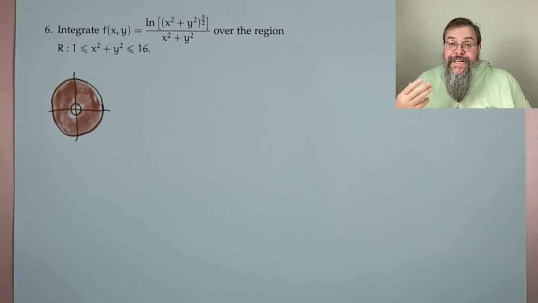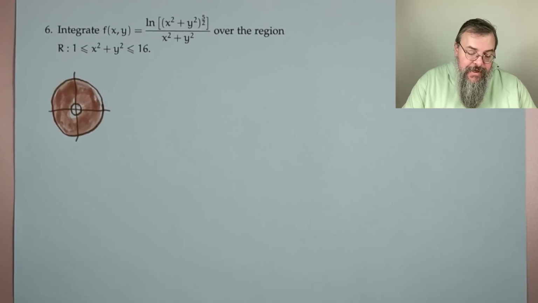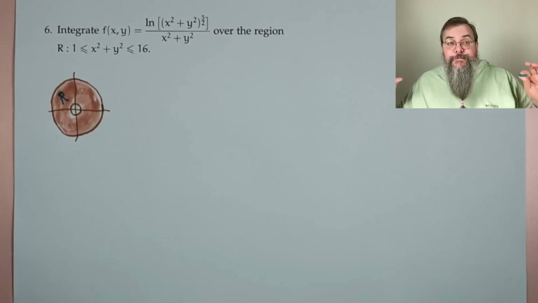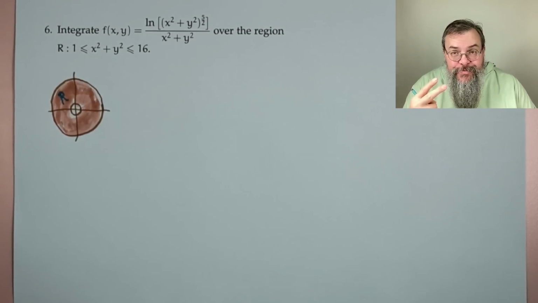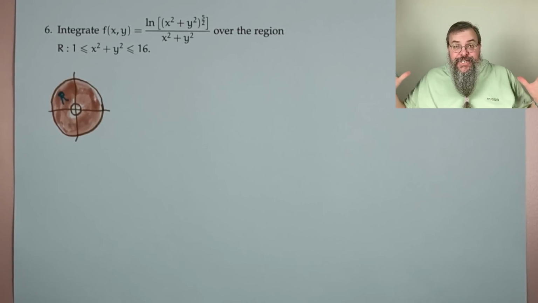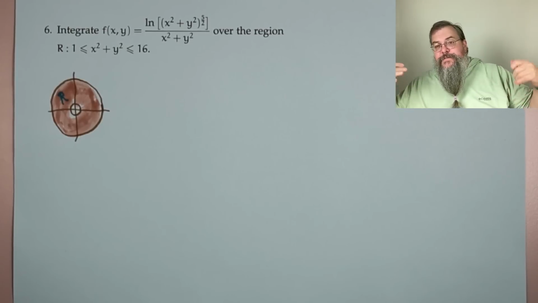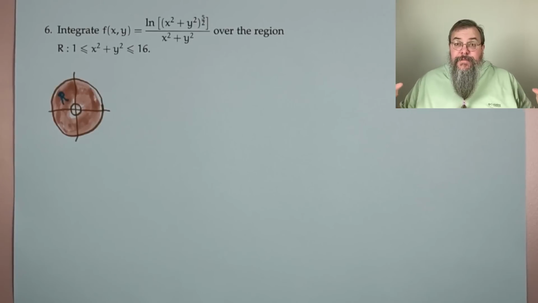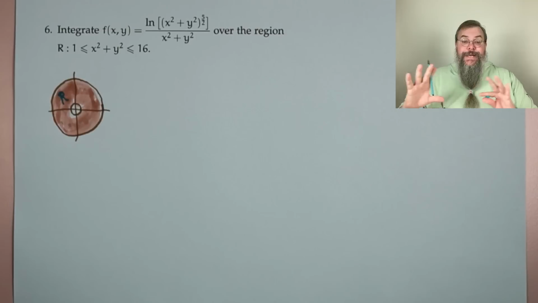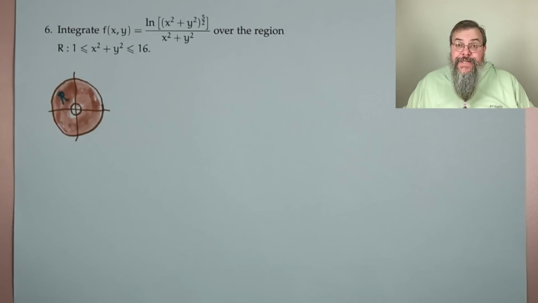Well, there's some hints here. There's actually 2 hints, and we're good at picking up on one hint. We're amazing at picking up on 2. Hint number 1, look at our region. Cartesian is terrible. We'd have to do so many integrals, we'd have square roots, but in polar, whoa, this is amazing.